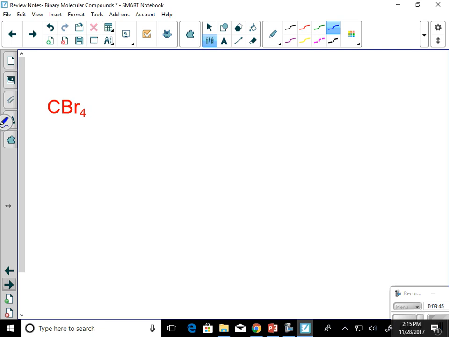Let's go the other way. Okay, let's go the other way. Let's write the name. What is my first element here? Carbon. We write it exactly as so. Carbon. Do I need a prefix on carbon? Do I put mono on my first word? Do I? No. So I don't have anything.